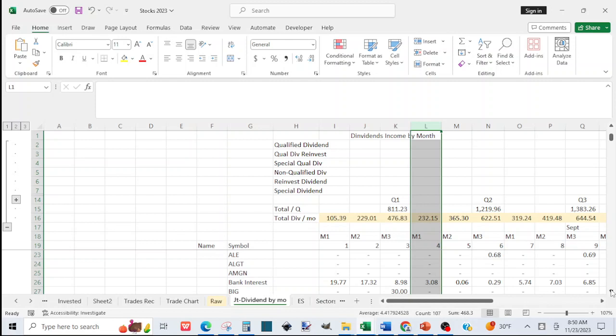Compare their price to the 52 weeks low or the 52 weeks high and see if that's the right time to invest in them. If it's not, then you don't invest in them. But that's one way as well.